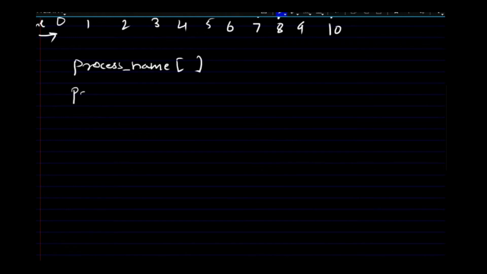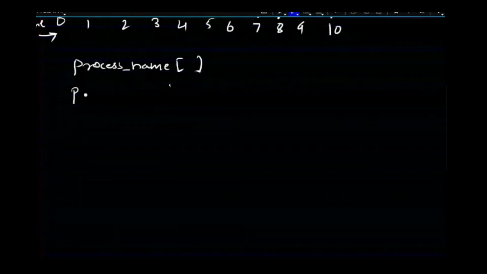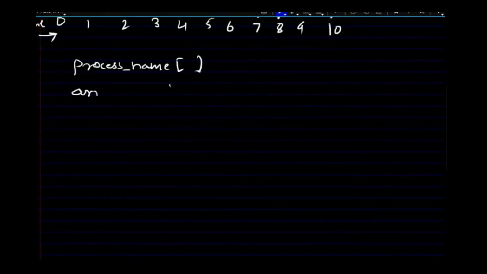For arrival time, I use process_arrival_time. The name of the variable is arrival_time. For burst time, it is burst_time.